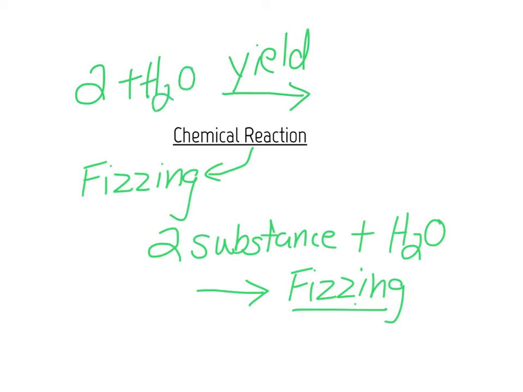And what was that something? It was a gas, or bubbles, fizzing. And all 7 of those combinations yielded gas of some sort. So yielding gas is a form of chemical reaction. It just means I've created something new that wasn't there before.